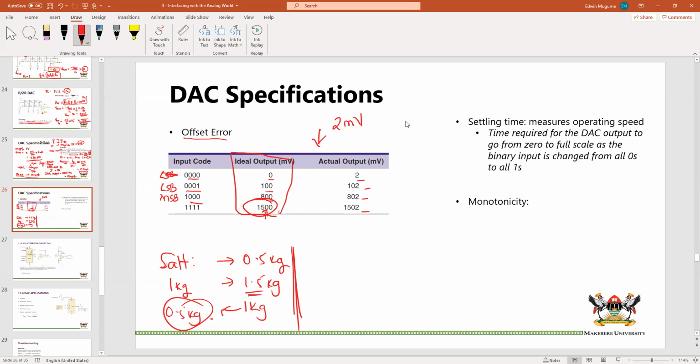Are we dealing with the offset error, or with some accuracy issues? The accuracy issues come from components that are old. They might be caused by temperature drift, maybe when the IC heats up, there's drift in the values of resistors and the other components within it.